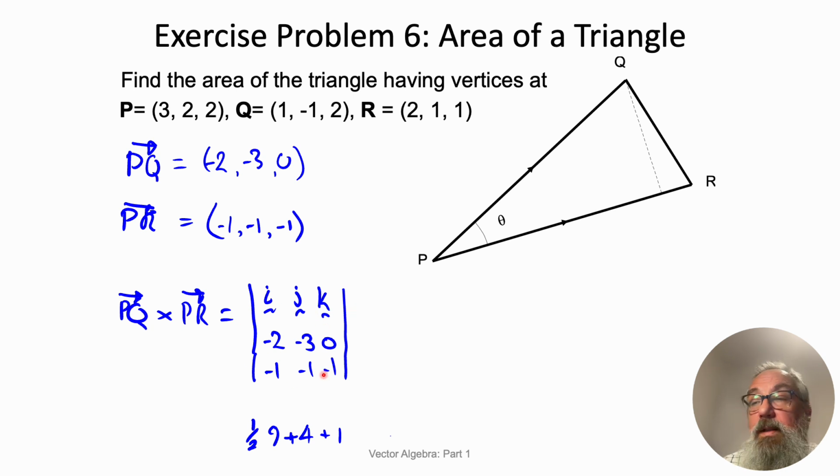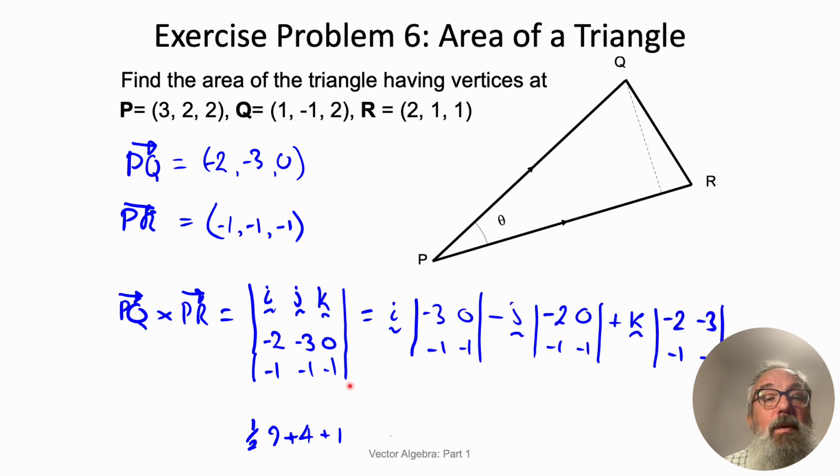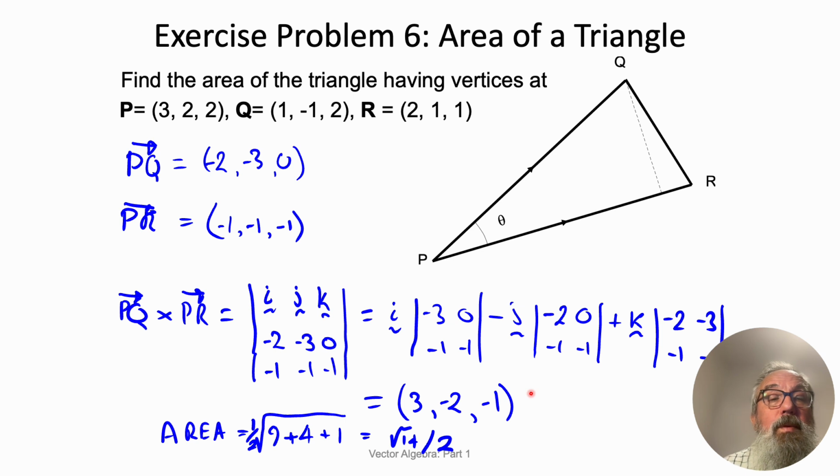We simply expand this determinant, and it comes out to be 3, minus 2, minus 1, but the area is half of the square root of that. 9 plus 4 plus 1 is root 14, divided by two.